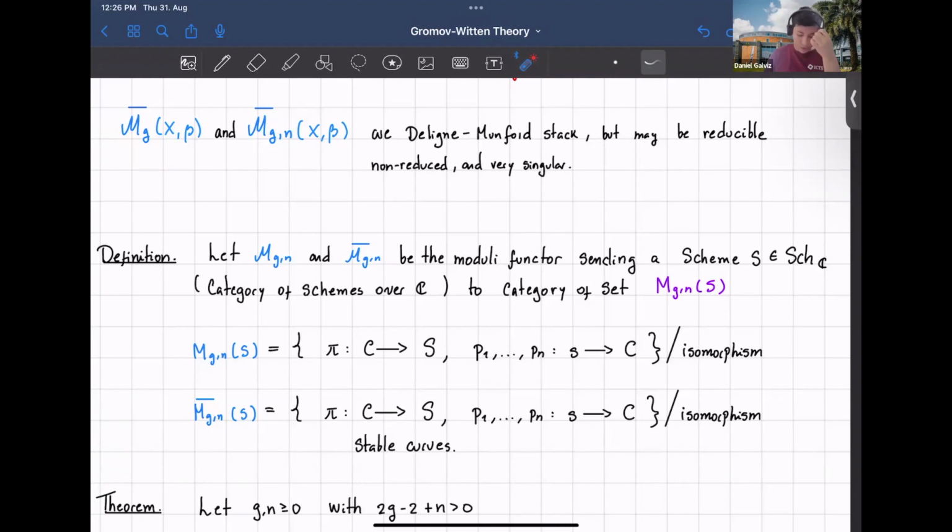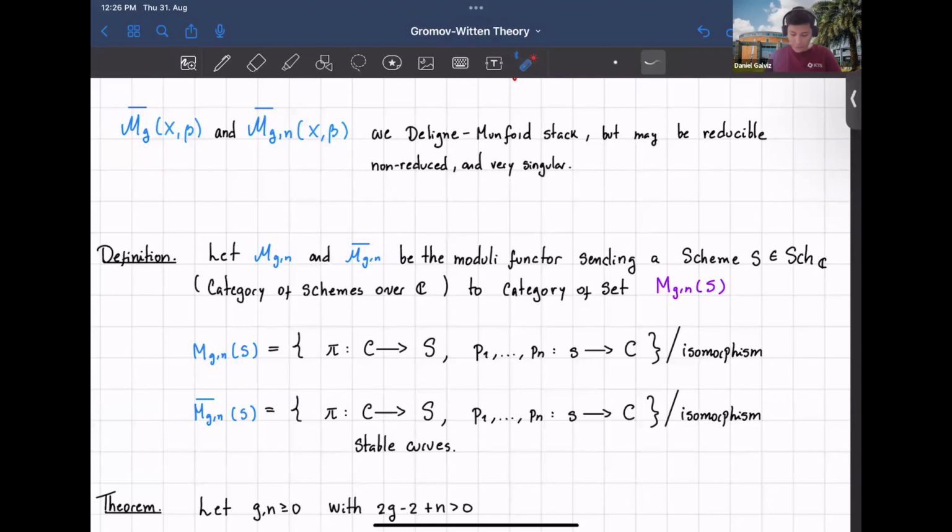They are called coarse moduli spaces, and basically it's the family of these maps that takes C to our scheme S, such that each point, an element of S, maps to C up to isomorphisms.